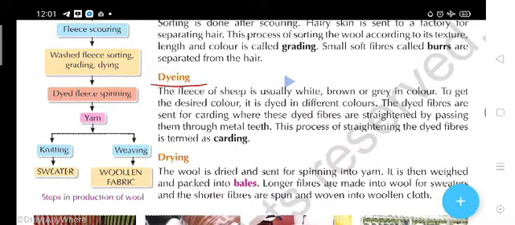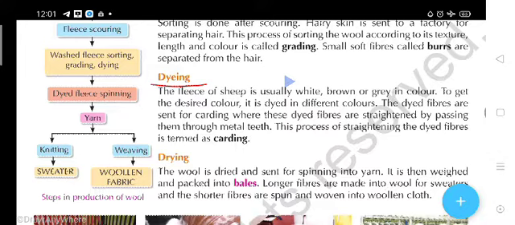To get the desired color, it is dyed in different colors. And the dyed fibers go for carding, where these dyed fibers are straightened by passing them through metal teeth. This process of straightening the dyed fiber is termed carding.